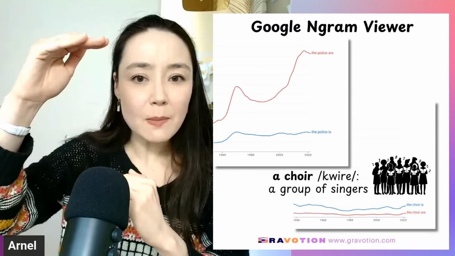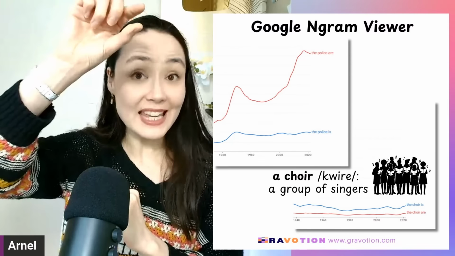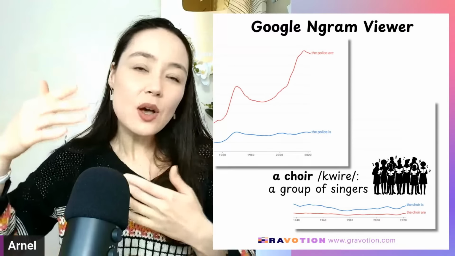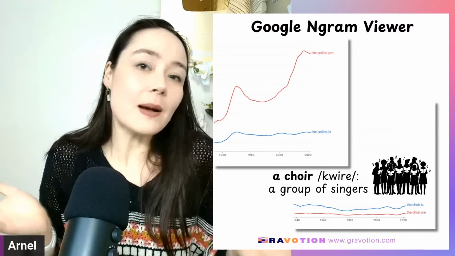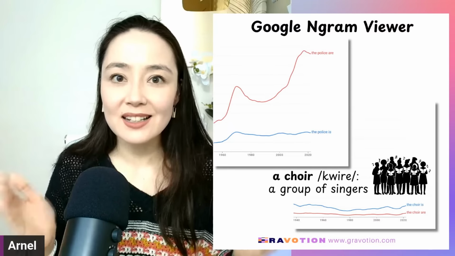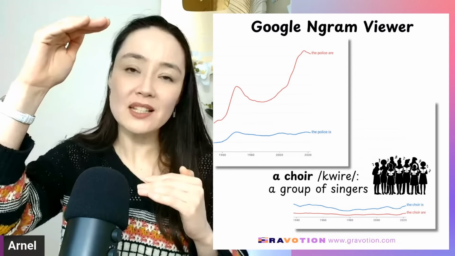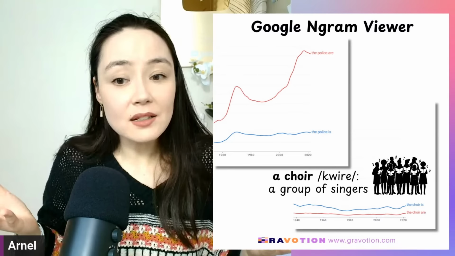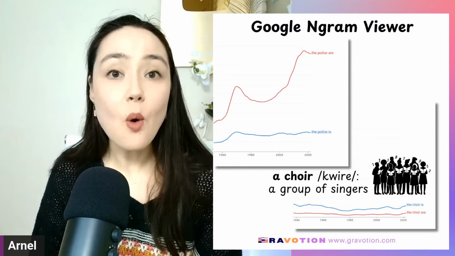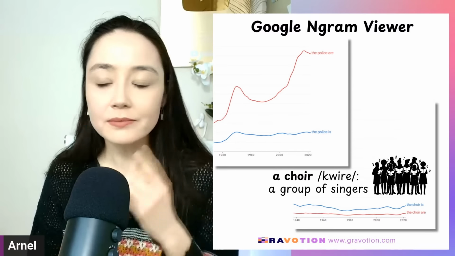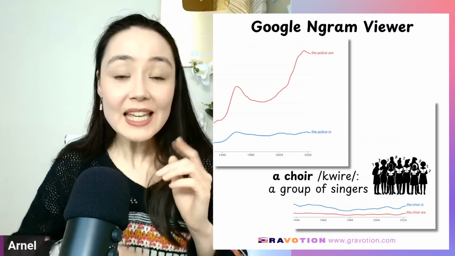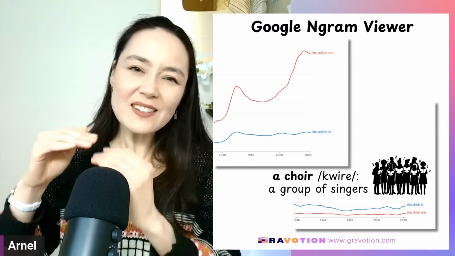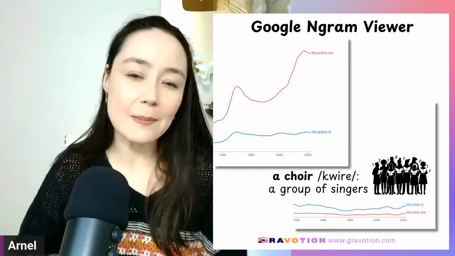So I know it's really small, but the police are is at the top and the police is at the bottom. So maybe you might see someone somewhere using the police is. But look how much more common the police are is. And it depends. The next example I found is choir. A choir is a group of singers. The choir are, you can see they're really close. There really isn't that big of a difference.